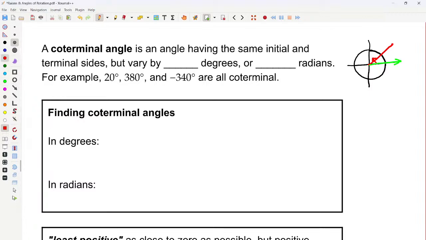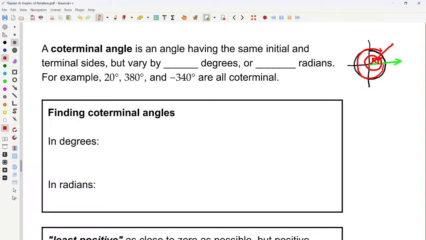If I rotated 390 degrees, I'd be like there. Same initial side, same terminal side, different rotation, no doubt. By the way, overkill, rotate negative 330 degrees, 3 different rotations, but they all started here, they all ended there. Those are coterminal angles.